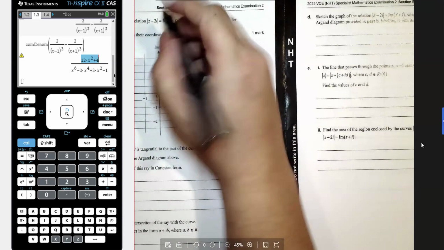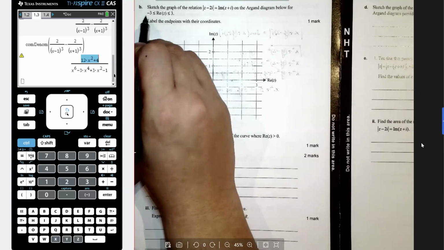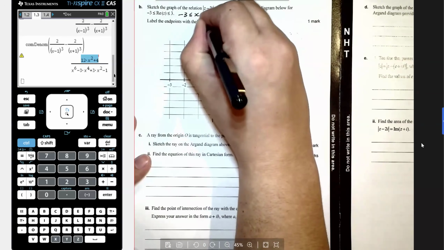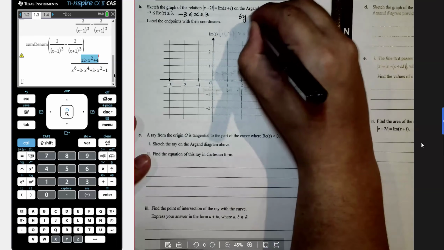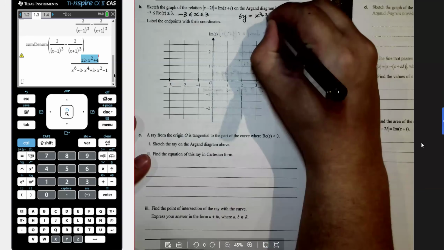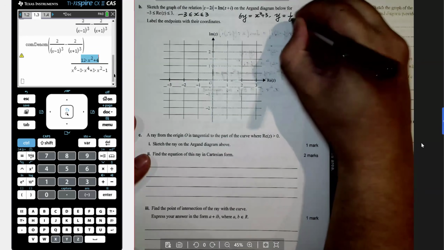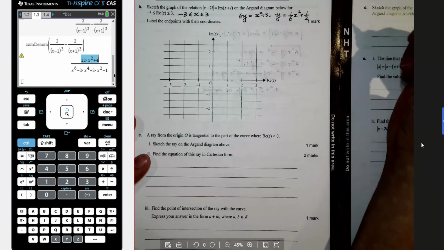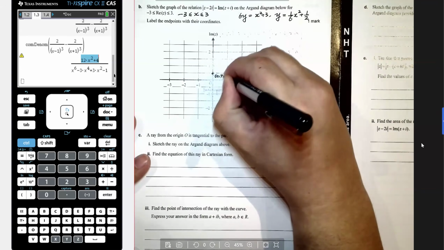And we want to sketch the graph of this relation on the Argand diagram below for x between -3 and 3. And we are actually sketching 6y = x² + 3. So y = (1/6)x² + 1/2. So this is a quadratic function, and we definitely have a y-intercept of a half here.